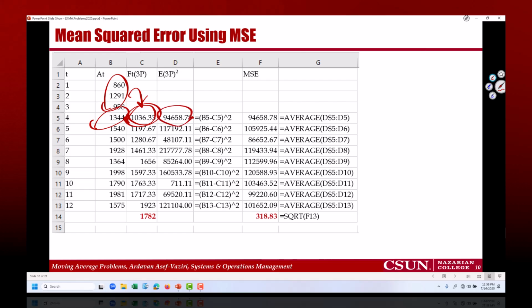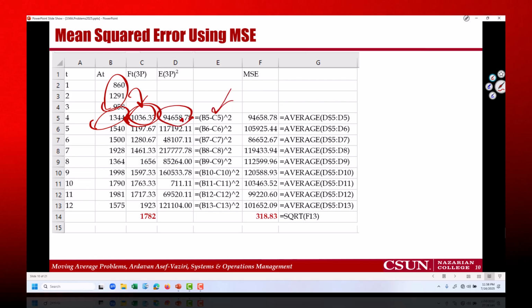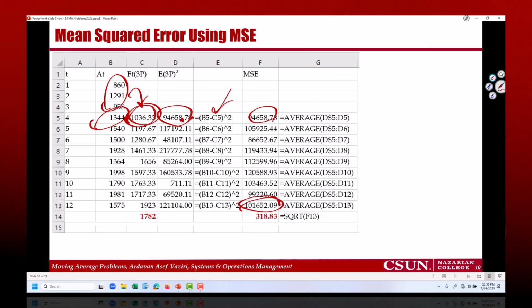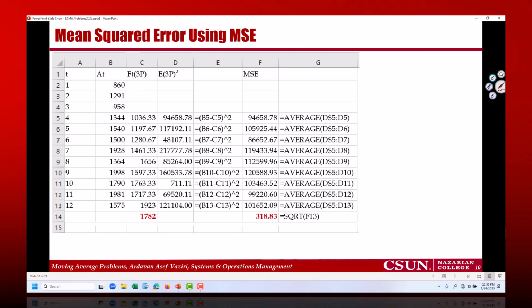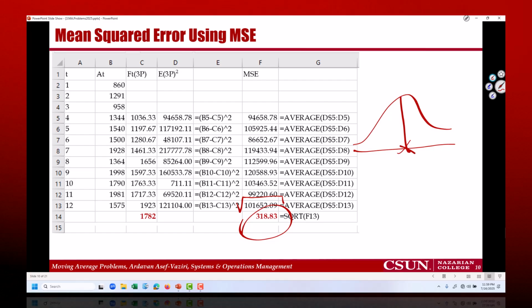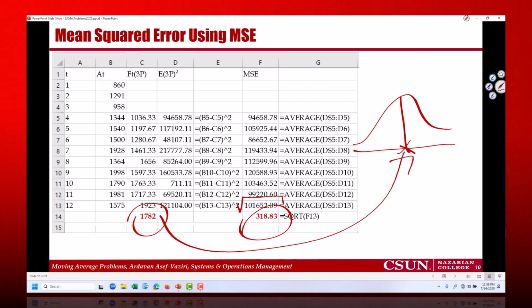This is this one. And then average these gaps, and this is my MSE. This is my forecast for next period, and my standard deviation of forecast is the square root of this one, which is this one. So my demand for next period has a normal distribution with this average and this standard deviation.